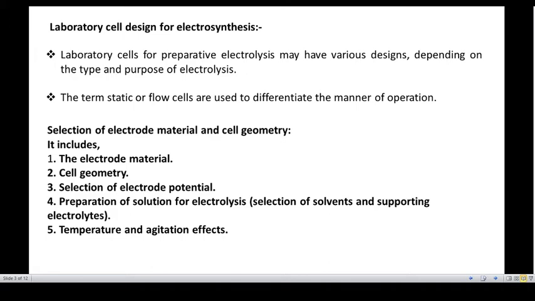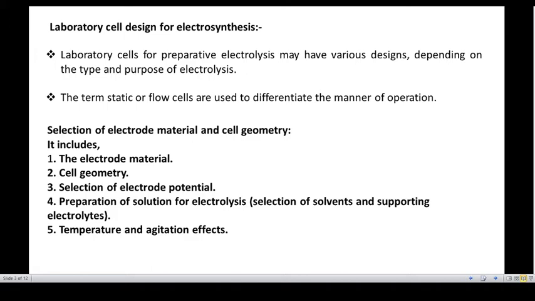In all electrosynthetic cell designs, the cell may be of static type or flow type. In the static type there is no continuous flow of the reaction mixture through the cell.